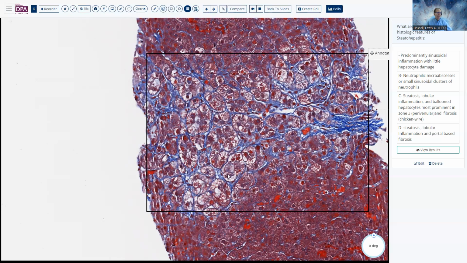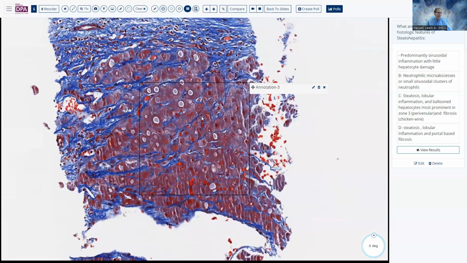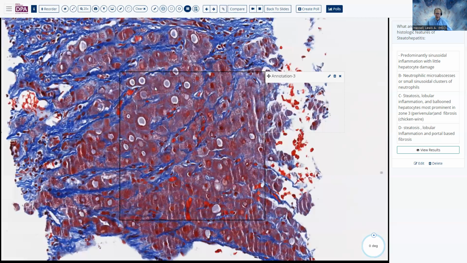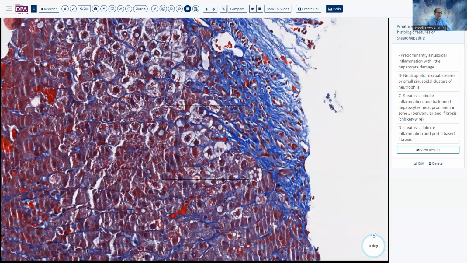You do see here, however, that we've also got some ballooning degeneration in these cells. And so this is what ballooning degeneration looks like on a trichrome stain. Here you see a little bit more of the ballooning in conventional areas and more here as well, a little bit more clear cut, but plenty of ballooning around.